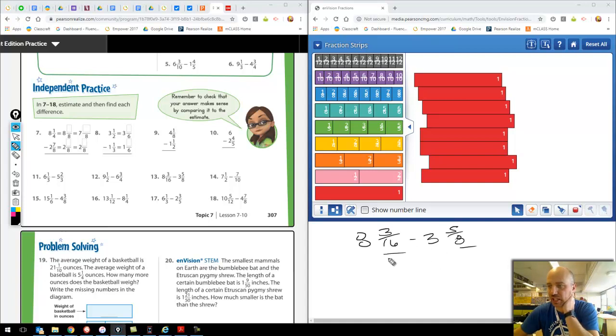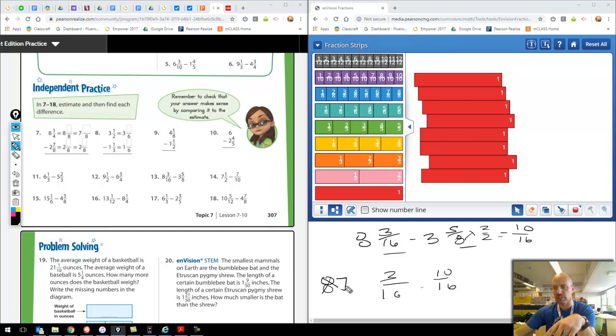First step is I have 16ths and I have 8ths. I need to make those equivalent fractions. So I have 3/16 minus 5/8, and I'm going to multiply by 2 over 2. 5 times 2 is 10, so I get 3/16 minus 10/16. 3 minus 10, I can't do that. So I'm going to take my 8 and subtract 1, and I'm really going to have 7.